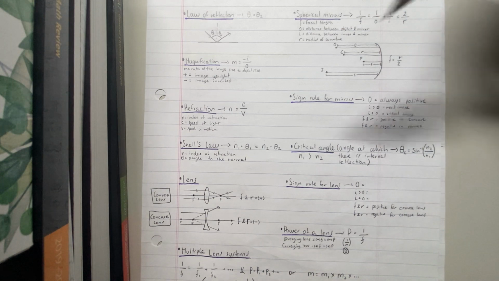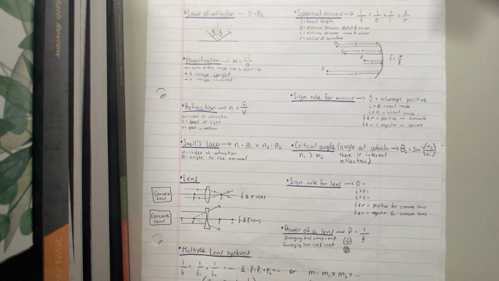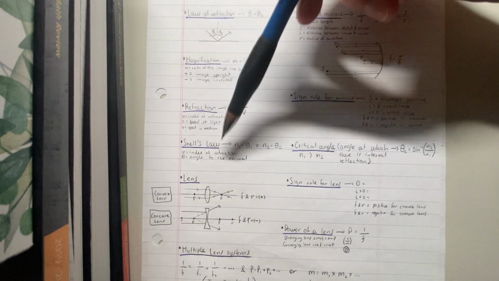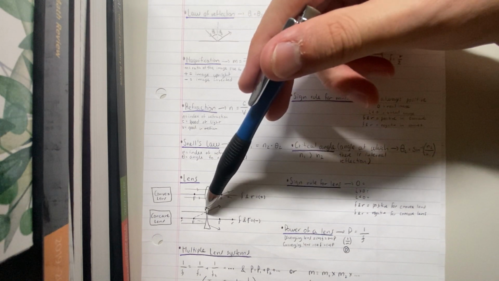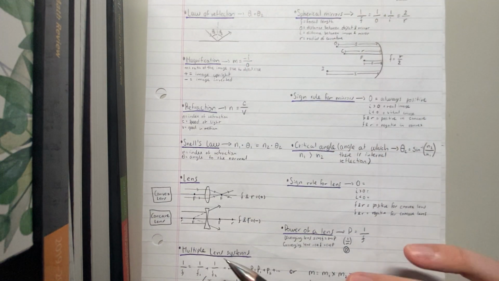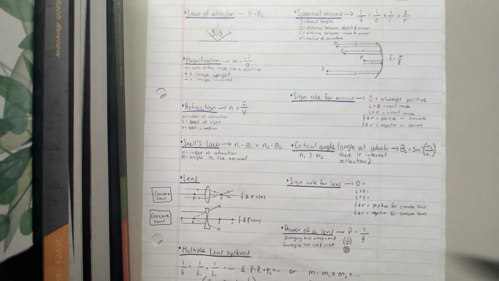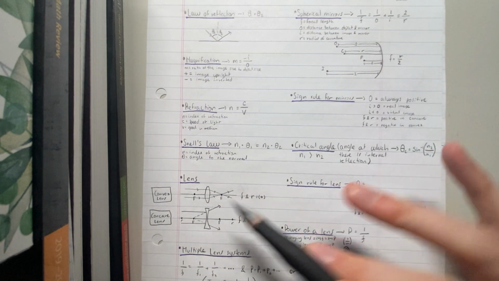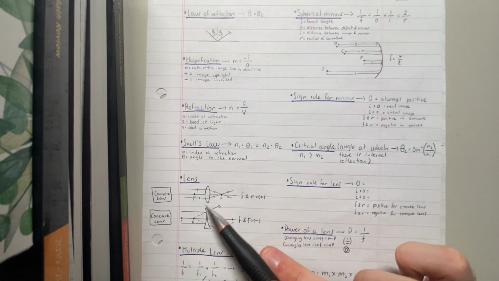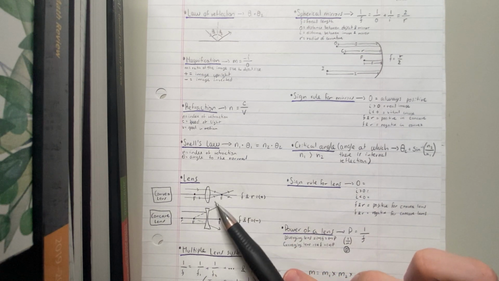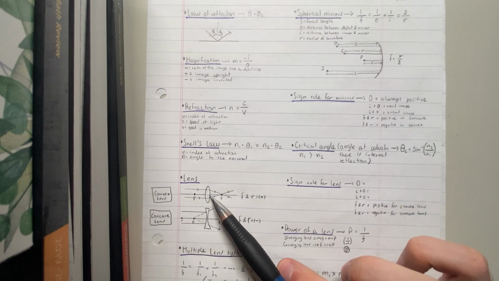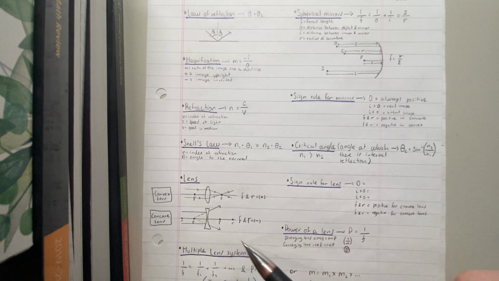Now let's go with the lenses. Lenses are the opposite of mirrors, where a convex lens is going to converge, and a concave lens is going to diverge. And here it's also the opposite from mirrors. The positive F and R are on the other side of the ray coming in.